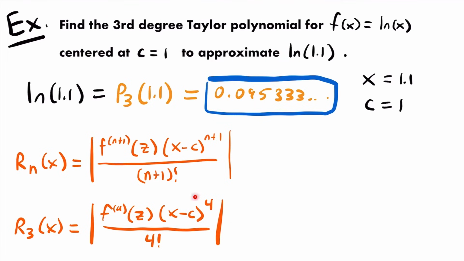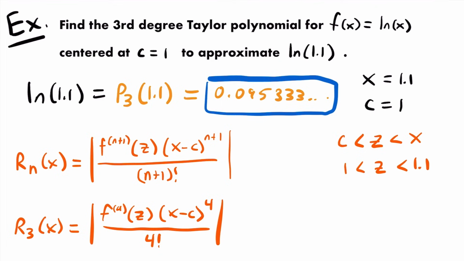Now we know what x is equal to, it's 1.1, and we also know c is equal to 1, but what about z? Well, remember, z is between x and c. Now in this case, c is the smaller value of 1, and x is the larger value of 1.1, so z is between 1 and 1.1, and we want to choose either 1 or 1.1 to be z based on which of these values is going to make this error the greatest.